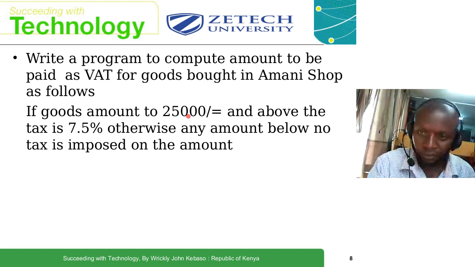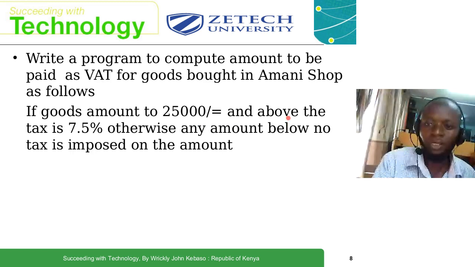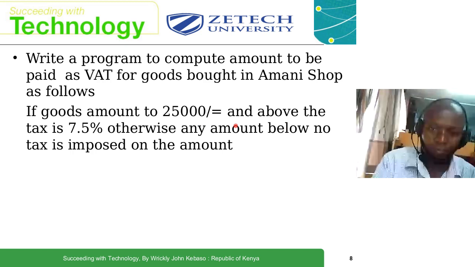If a buyer goes to a shop and buys items costing 25,000 and above, those goods will be taxed, and the tax will be 7.5.